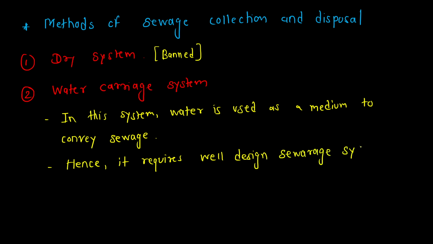This sewerage system, as we have seen, is nothing but a network of sewers. If you want to write it down, the sewerage system means a network of sewers used in collection and conveyance.